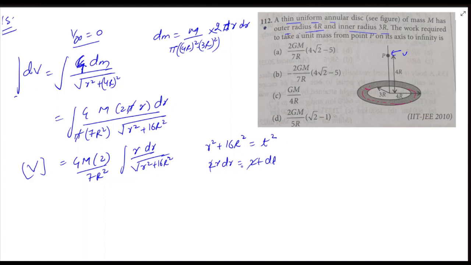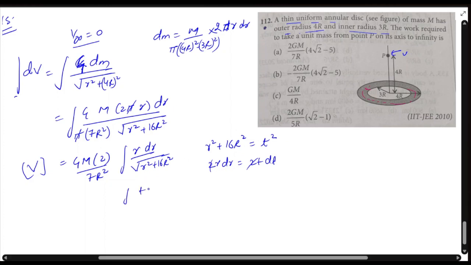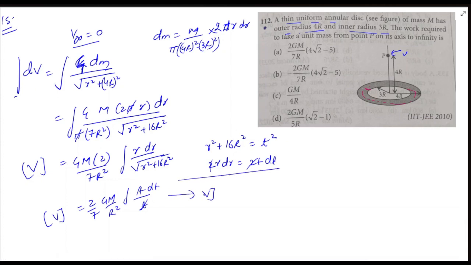So 2 will get cancelled, so r dr will be t dt. So I'll have t dt upon t, this is simply dt. So V will be 2 upon 7 GM by R square, and the integral of dt is t, which is root of r square plus 16R square.